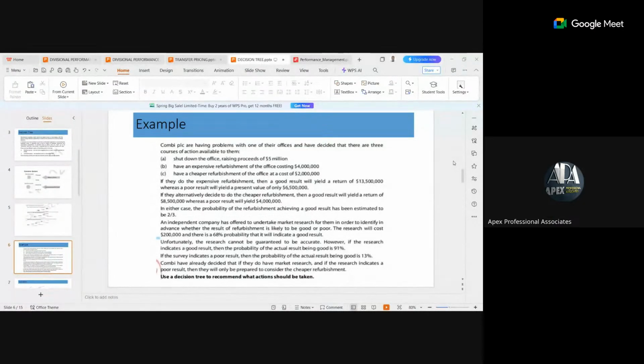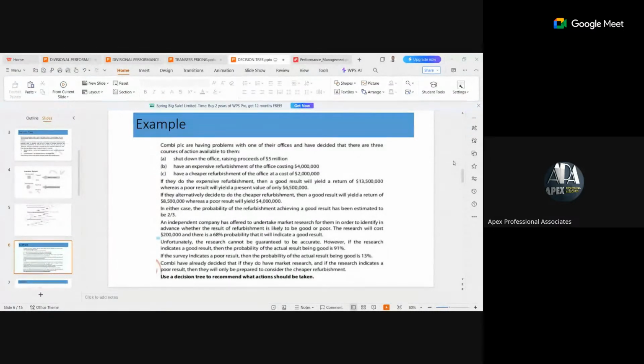Take note of that. So if they alternatively decide to do a cheaper refurbishment, this is still on the option 1. We have four courses of action, decisions to make there. So the shutdown is direct, we are not incurring cost in shutting down.